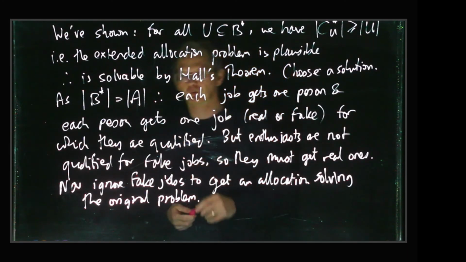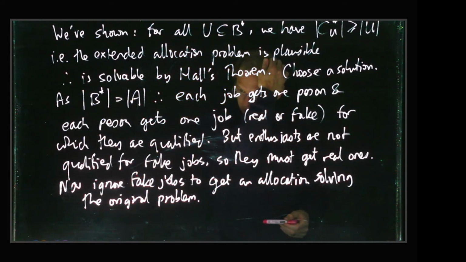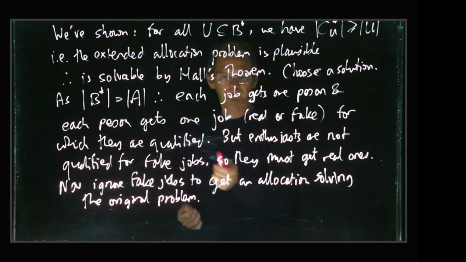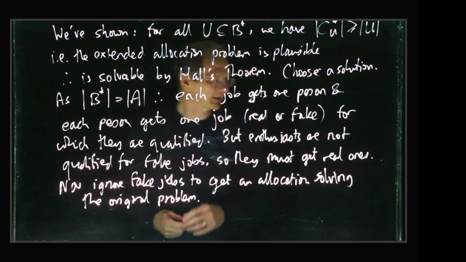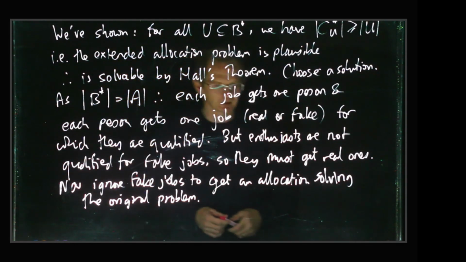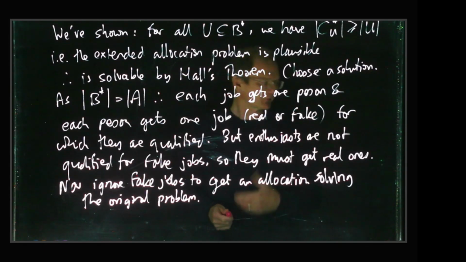Now, if we just ignore the fake jobs, we've still got an allocation of all the real jobs to a qualified person, and because the enthusiastic people were only qualified for real jobs, and everyone had a job, that means that every enthusiastic person had a real job. So they still have a real job after we've discarded the fake ones. And that ends the proof of this theorem.